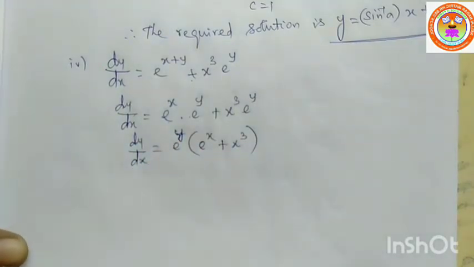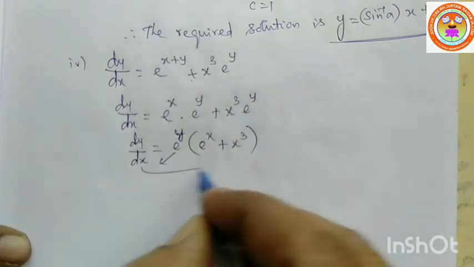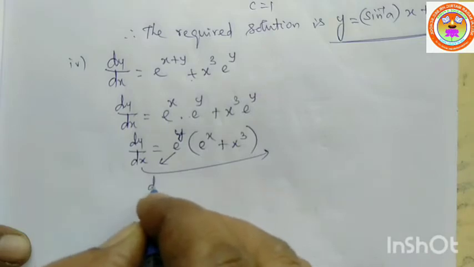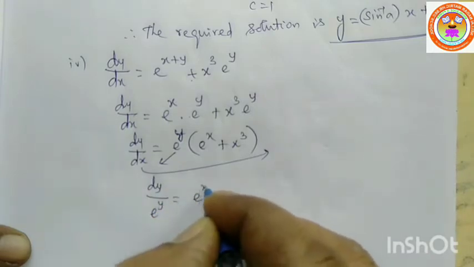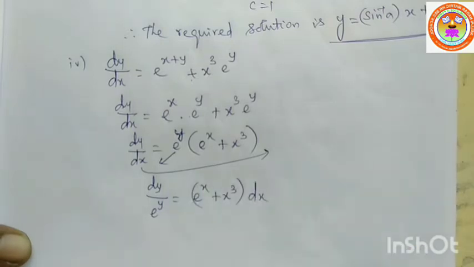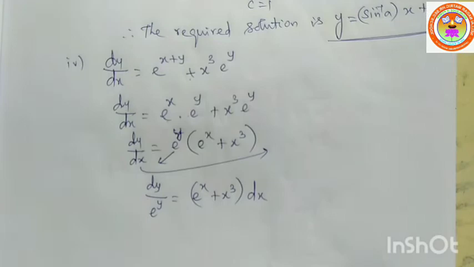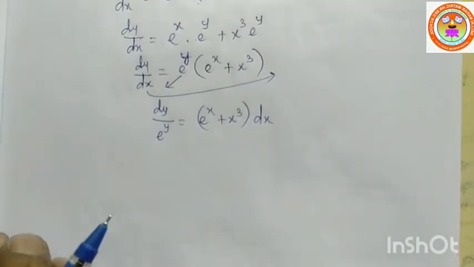Now we are separating the variables. Bring the y term to the left hand side, and dx to the right hand side. So dy by e power y is equal to e power x plus x cube into dx. After separating the variables, we have to apply integration.